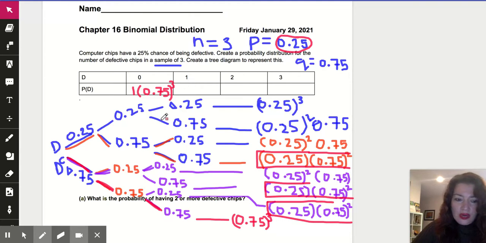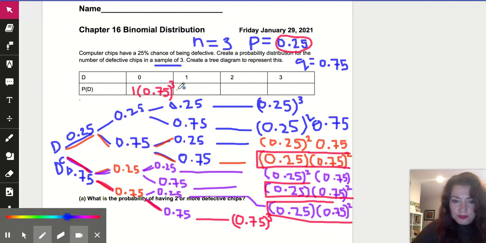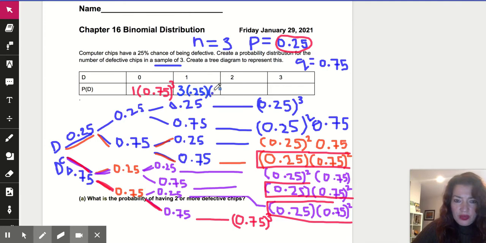So what I'm going to write here is, first of all, the combination 3, and then that probability is 0.25, hopefully I can squish all this in, times 0.75 squared. I'm not going to put the 0 in. I'm just going to put 0.75 squared.